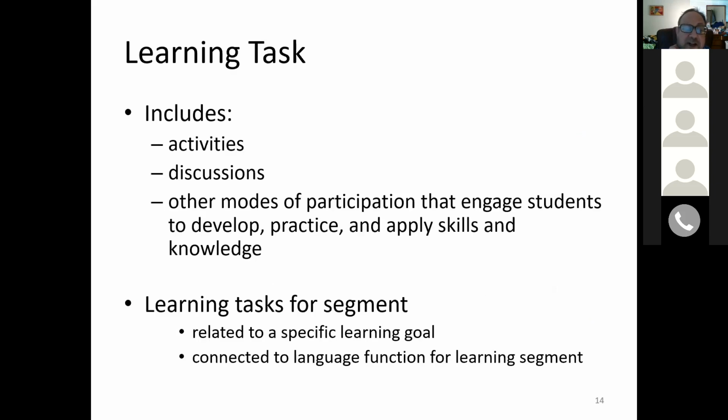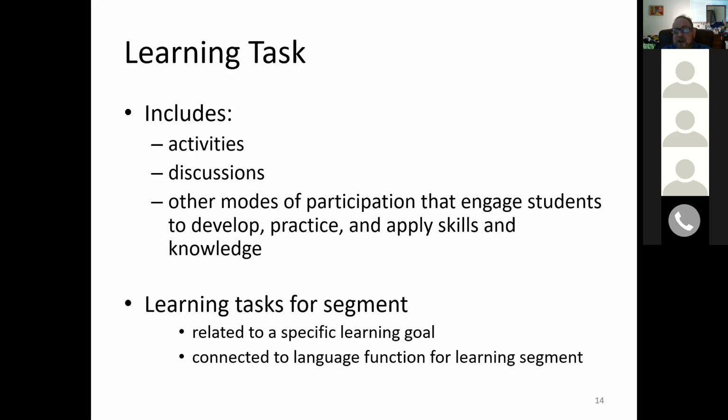Creating learning tasks that include academic language. Learning task. A learning task is basically a lesson plan. And it includes activities, discussions, other modes of participation that engage students to develop, practice, and apply skills and knowledge. Learning tasks are related to a specific learning goal, connected to a language function for the learning segment.